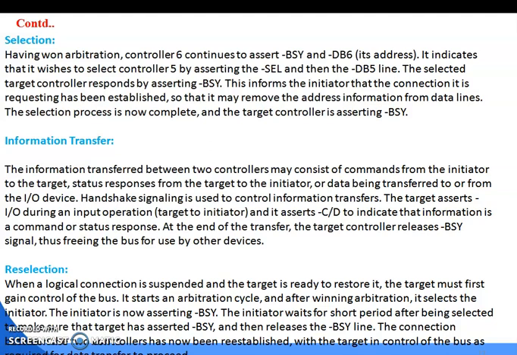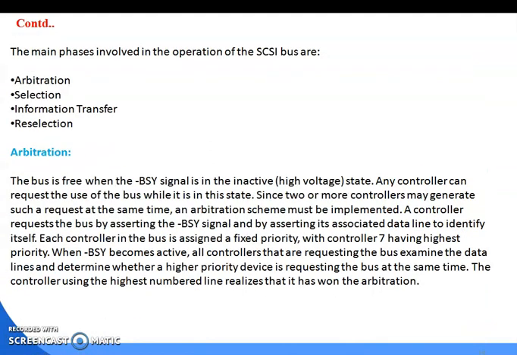The initiator waits for a short period after being selected to make sure that the target has asserted the busy signal, and then it releases the busy line. The connection between the two controllers has now been re-established, with the target in control of the bus as required for the data transfer process. And the main phases involved in the operation of the bus are arbitration, selection, information transfer, and reselection.